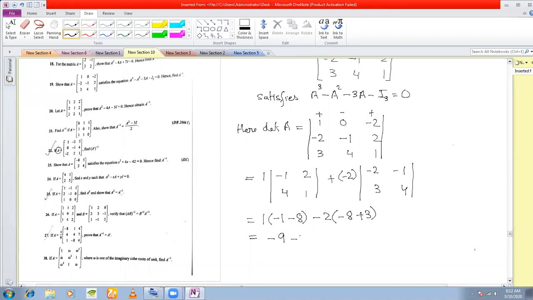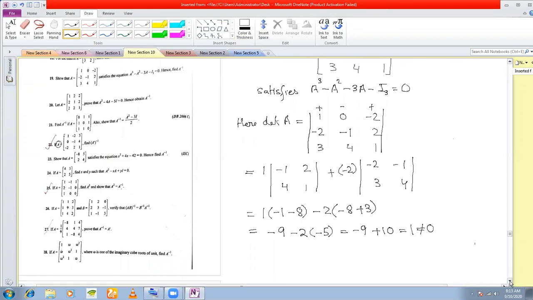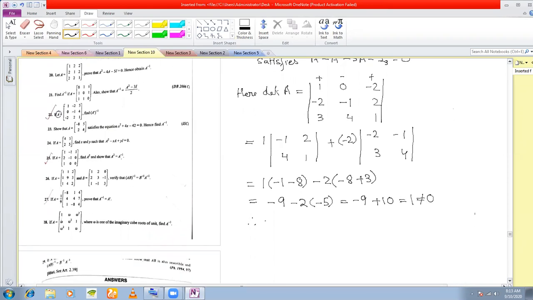Minus 9 minus 2 into minus 5, minus 9 plus 10 is 1, not equal to 0. So therefore A is a non-singular matrix. Therefore A inverse exists.